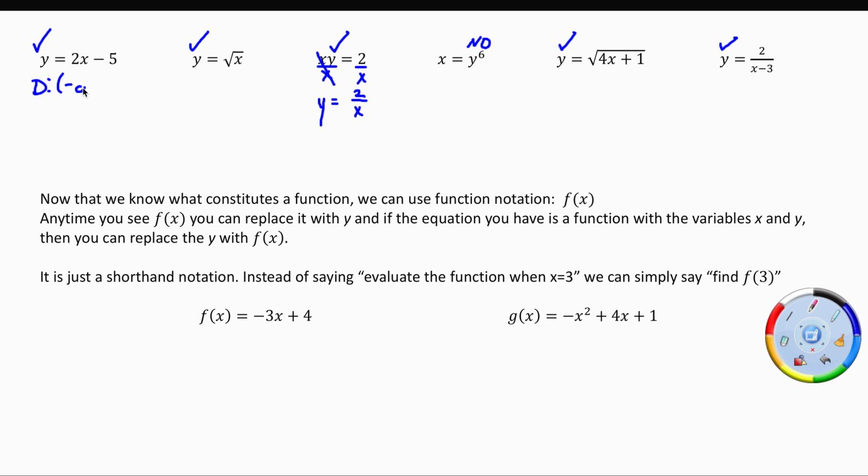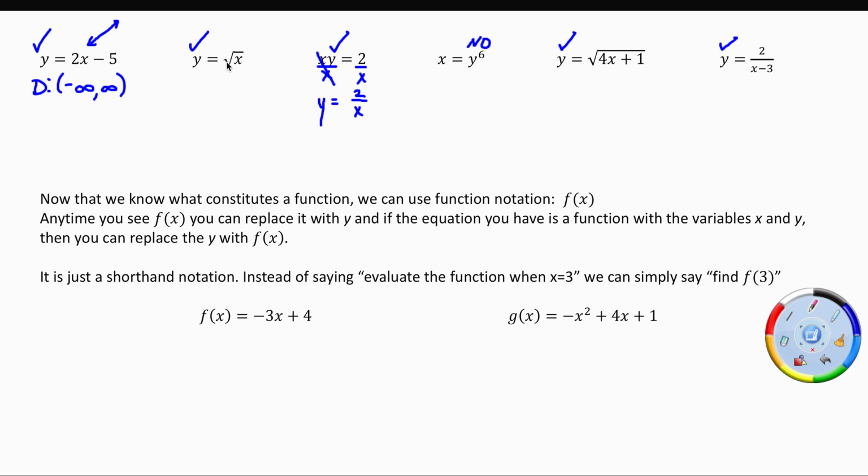The domain is automatically all real numbers unless there's a variable under a radical or in a denominator. I could also think about the shape of this graph and realize my domain is all real numbers.